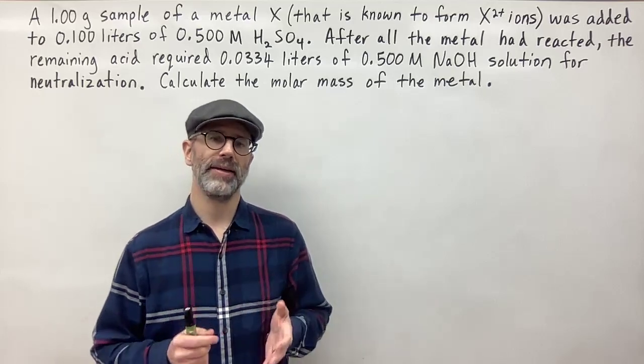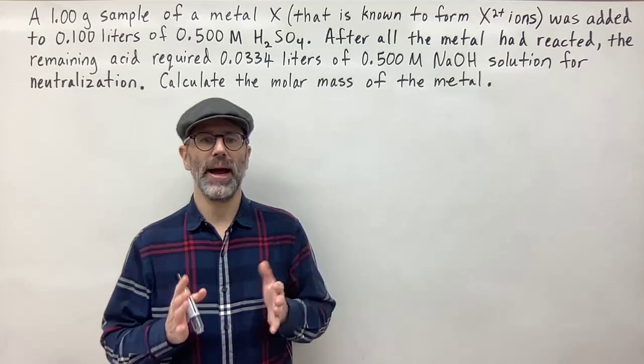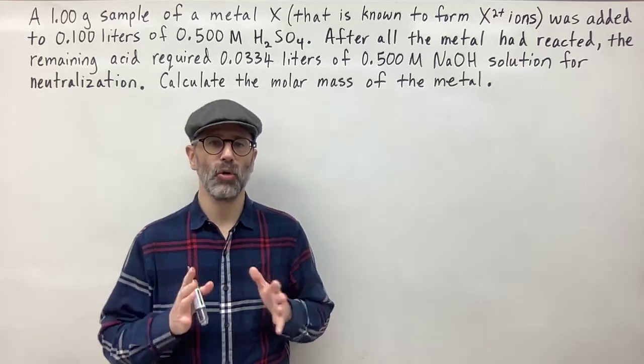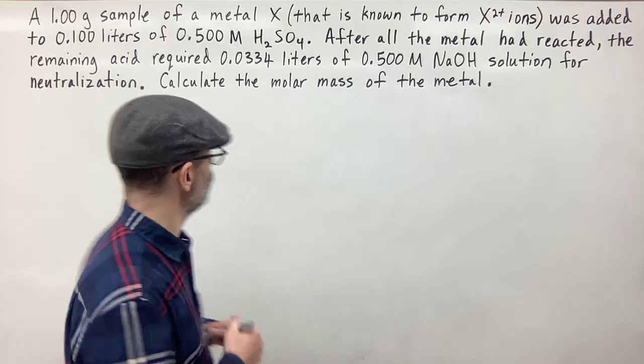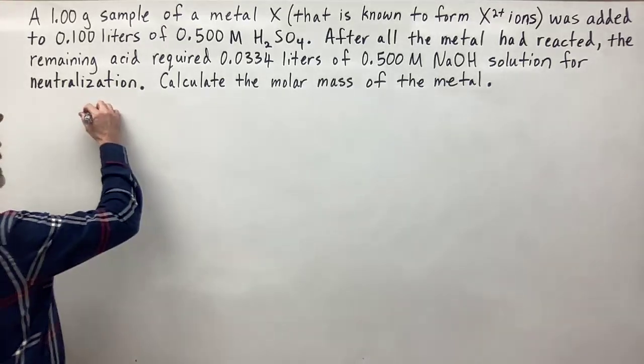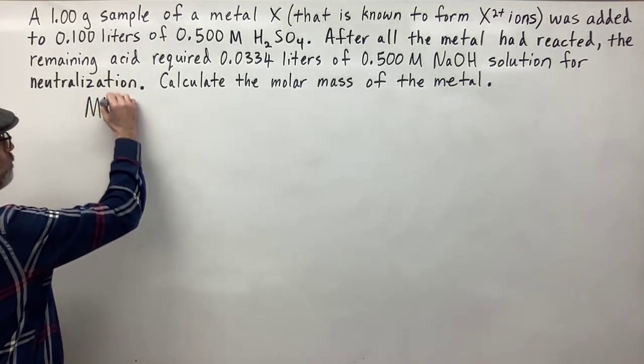Right away, when they're asking you to find the molar mass of the metal, you have to go back to what molar mass means. What is the definition of molar mass? I'll say MM for molar mass.